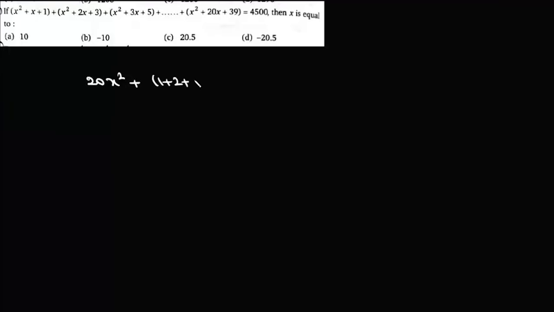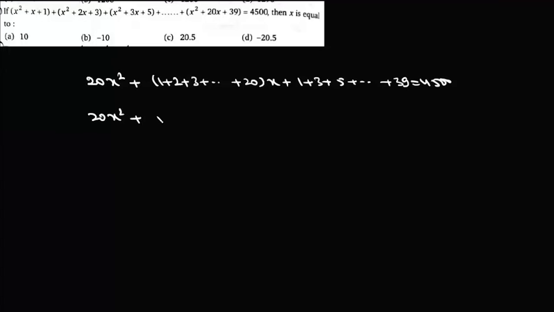It is 1 plus 2 plus 3 up to 20. So there will be 1 plus 2 plus 3 up to 20 times x, and then we have 1 plus 3 plus 5 up to 39, and this is equal to 4500. Now this is 20x square.